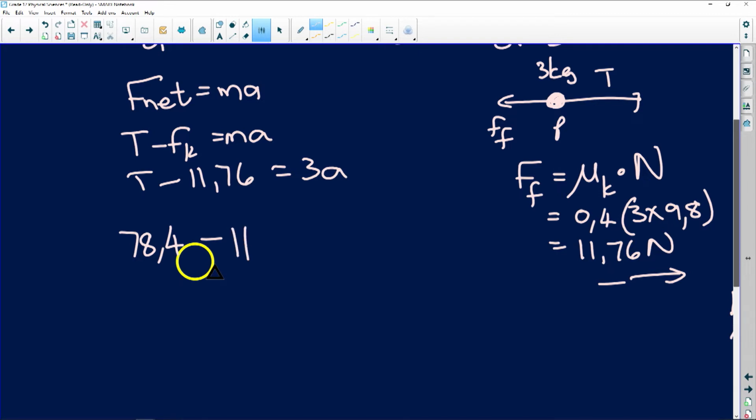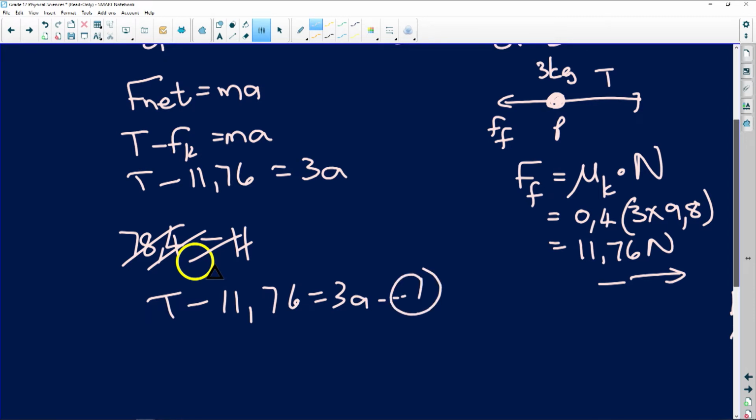No, let me just erase this. Oh, the eraser's not working again today. Okay, so you're just going to have to bear with me while I just ignore this.